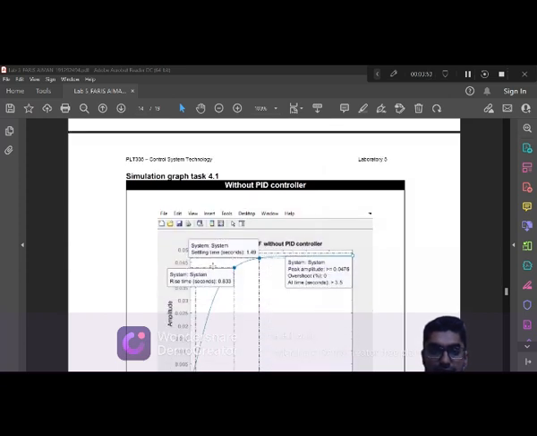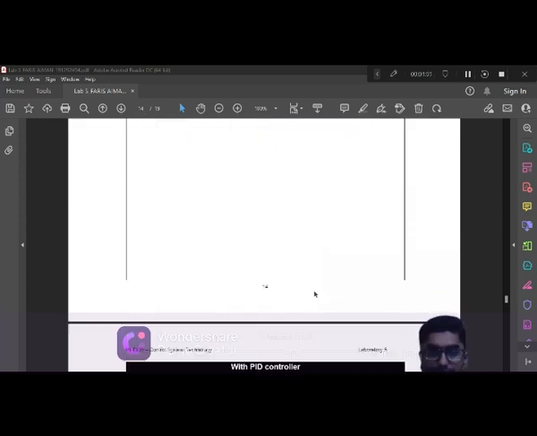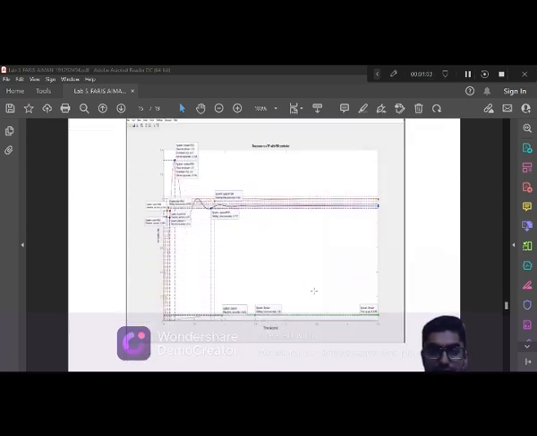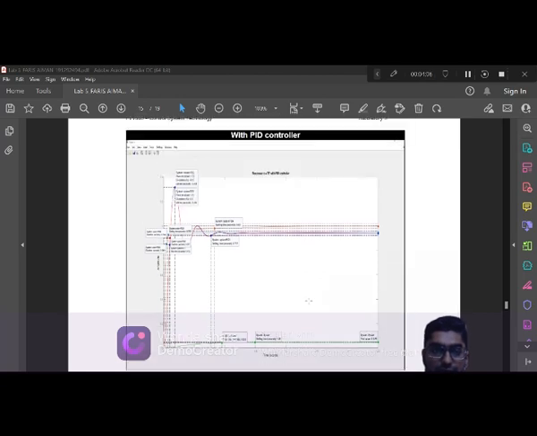You can see the system rise time, the system settling time, the system peak amplitude, overshoot and time in seconds. Okay, this is with PID, and we can see much difference. For the graph with the PID controller, we can see a lot of changes here.